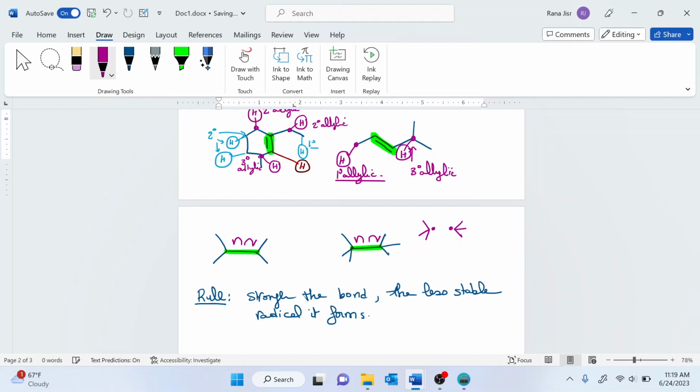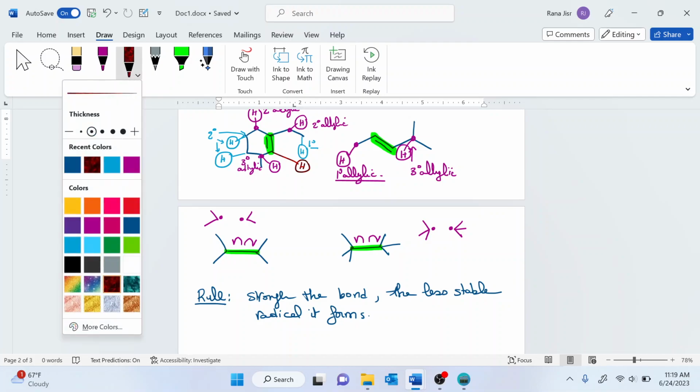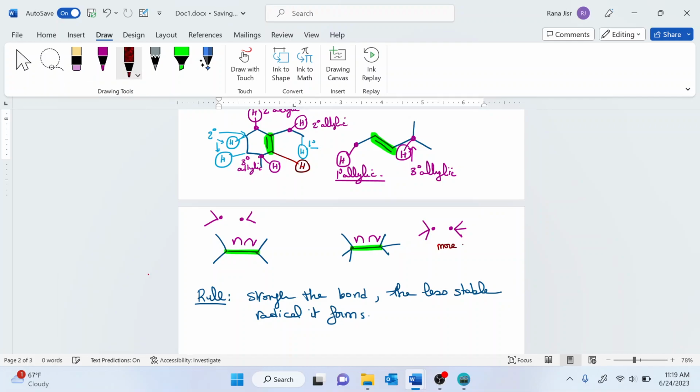Here I have a secondary radical generated. So the more stable radical is the tertiary radical. This means that the bond that generates this radical is going to be a weaker bond, and that's going to make this other bond a stronger bond.